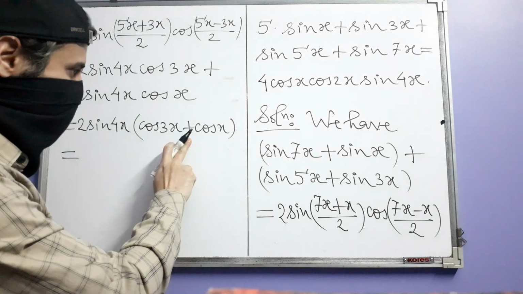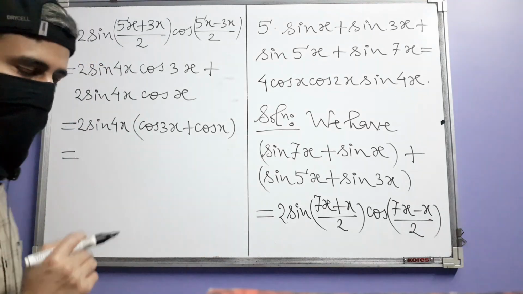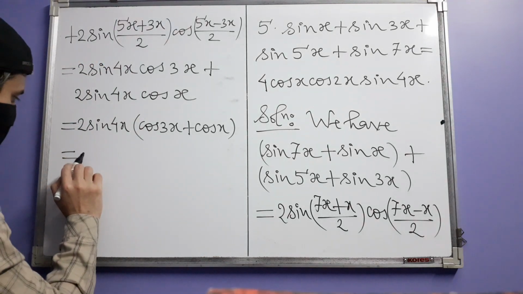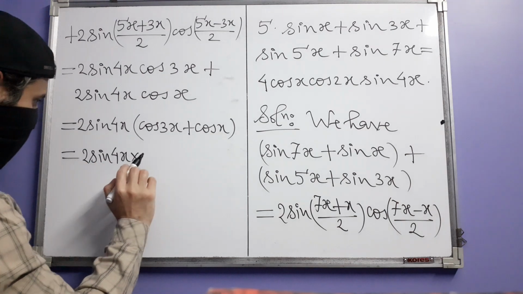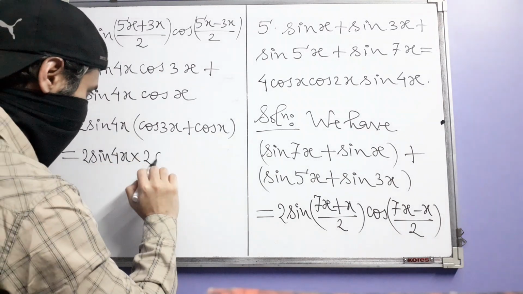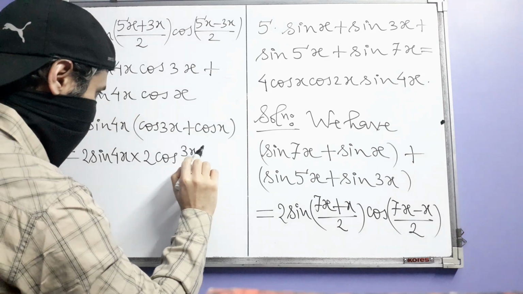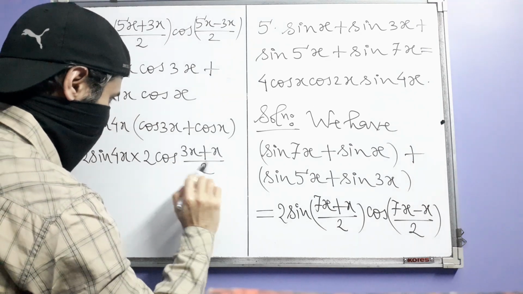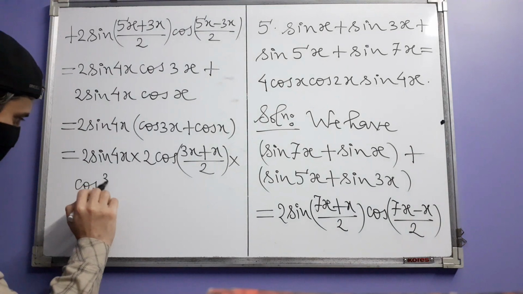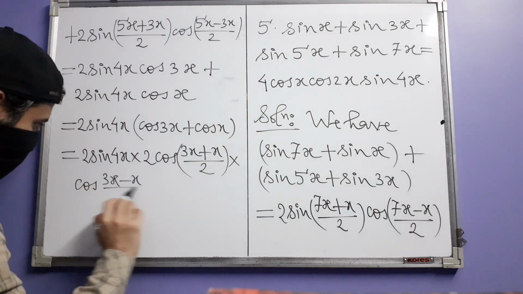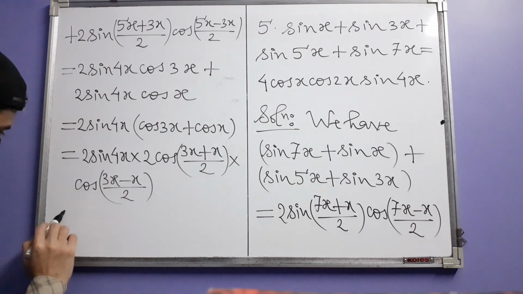For plus you have cos cos, for minus you have sin sin. So, 2 sin 4x times 2 cos of 3x plus x divided by 2 times cos of 3x minus x divided by 2.